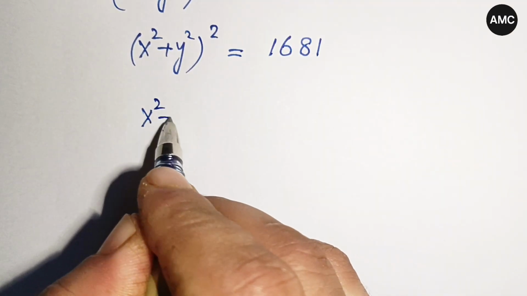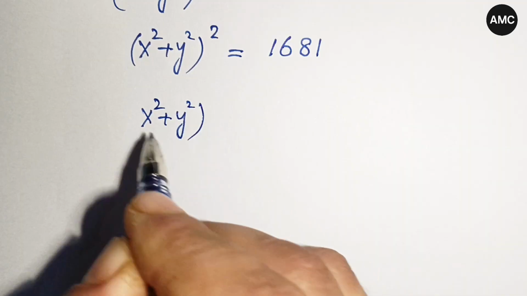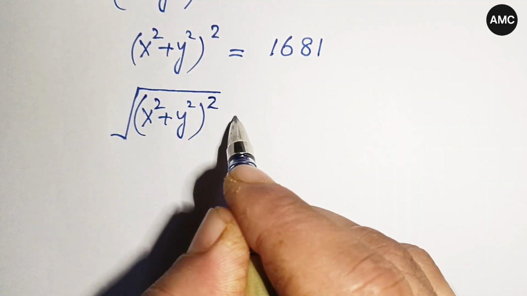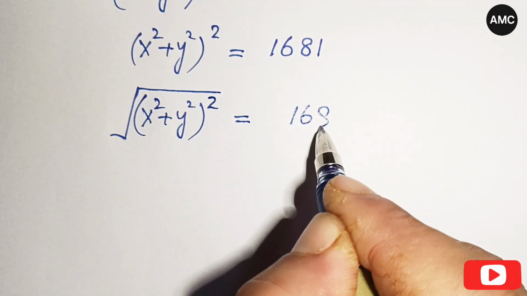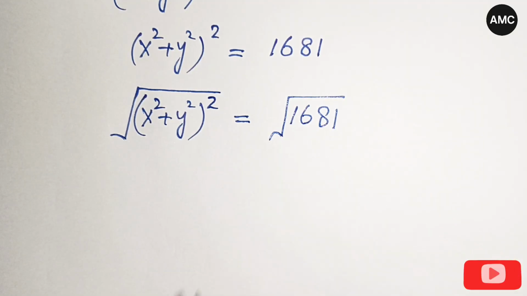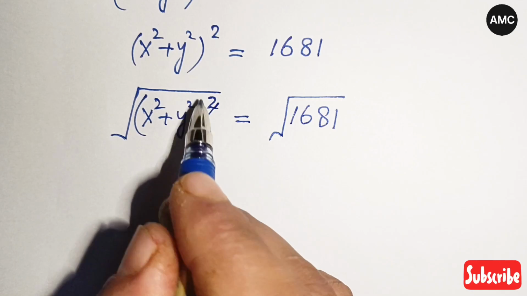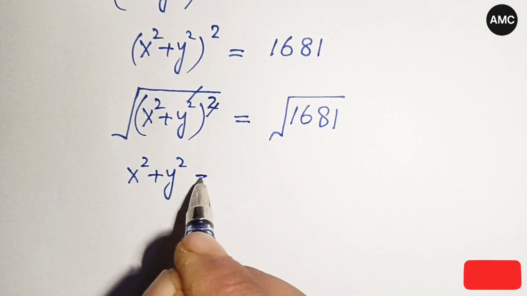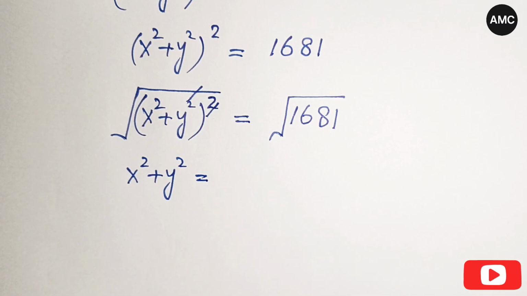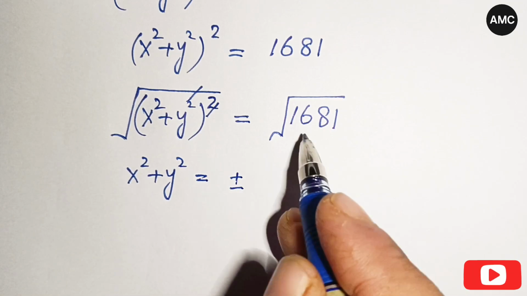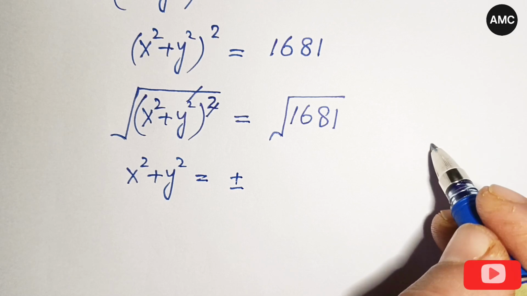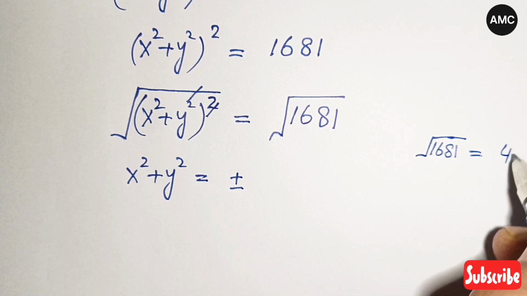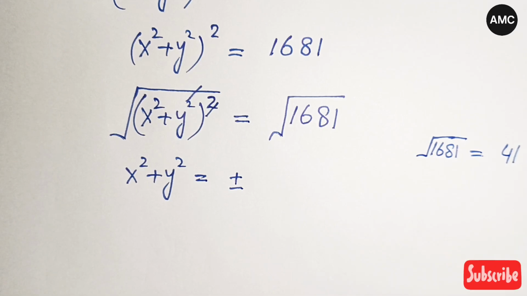Now taking square root on both sides, the square root on our left hand side and similarly the square root on our right hand side. So the square cancels out with the square root, and we get x squared plus y squared is equal to plus minus square root of 1681, as we know that 1681 is equal to 41 times 41.